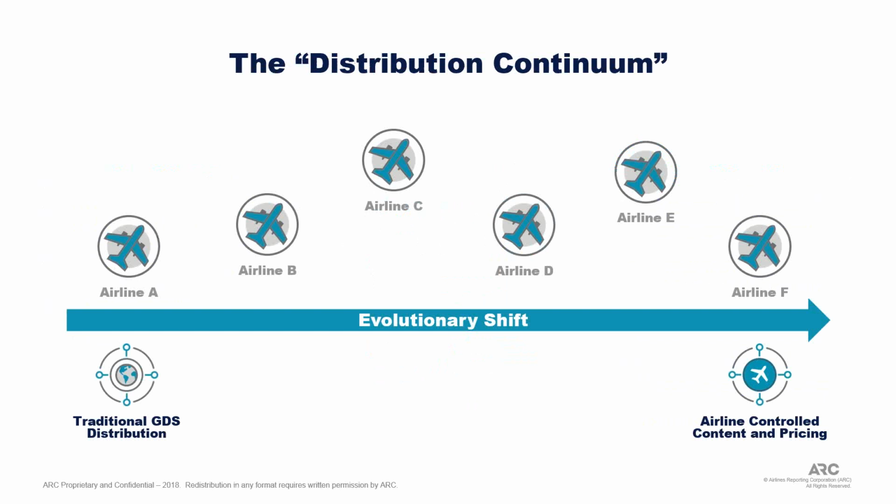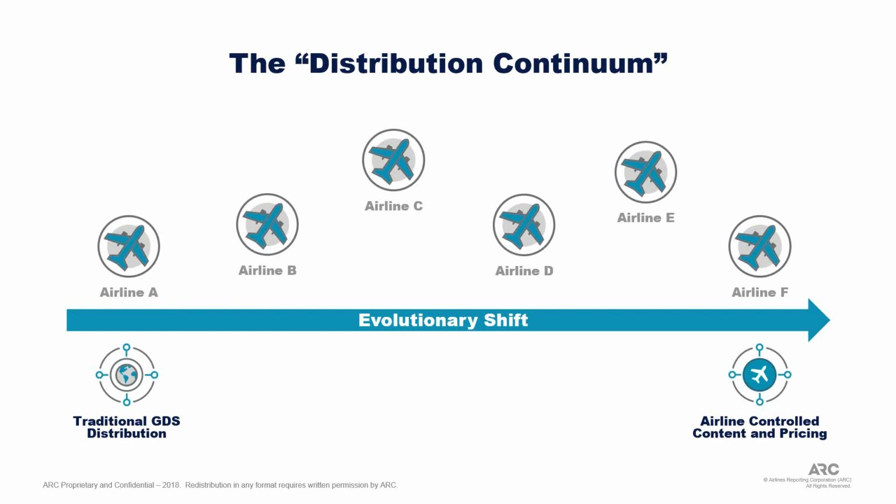So as I mentioned earlier, we see airlines today on what we call kind of a distribution continuum, all the way from the far left, where there are airlines that have said, you know, we understand the benefits of NDC, but we're just not ready to go there yet. We might be looking at it in the future, or we might not be looking at it at all.